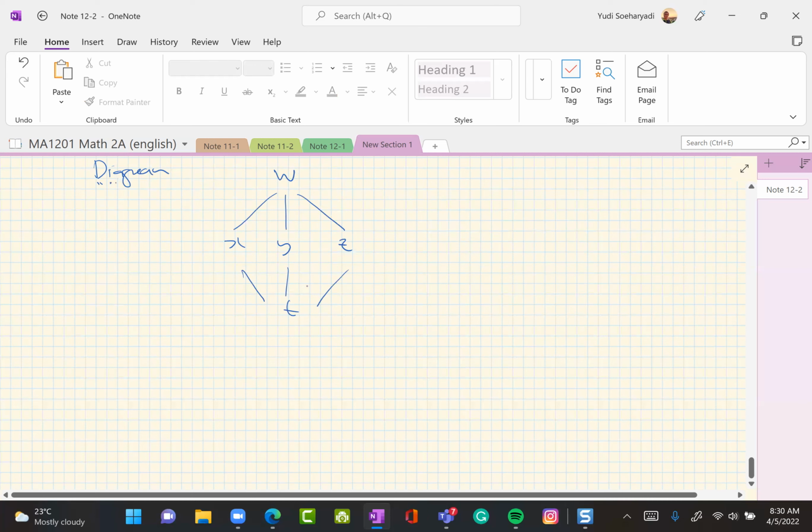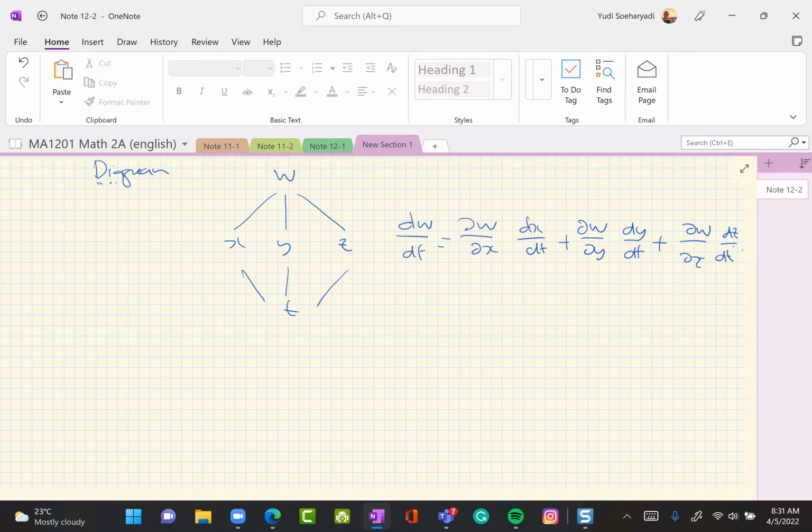So here we compute along the left path, the middle path, and the right path. As long as you can write down the diagram, you're safe.